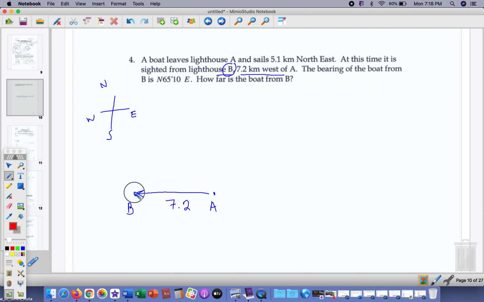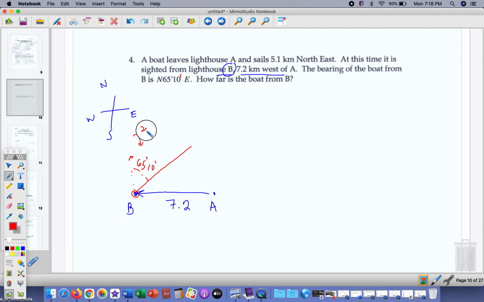So from B, we're going to go north, so head straight up. And then we're swinging to the east, which is to the right, and we'll stop and draw a line there. So we know this is 65 degrees 10 minutes.